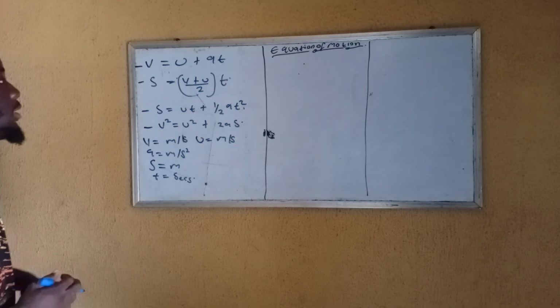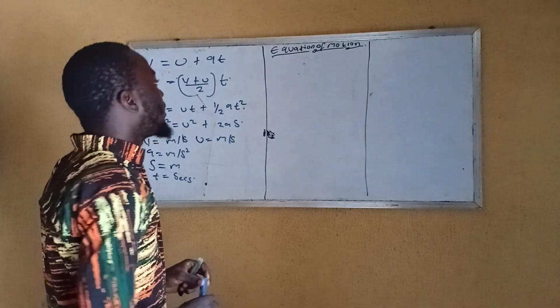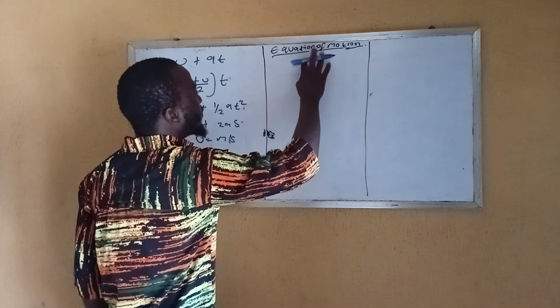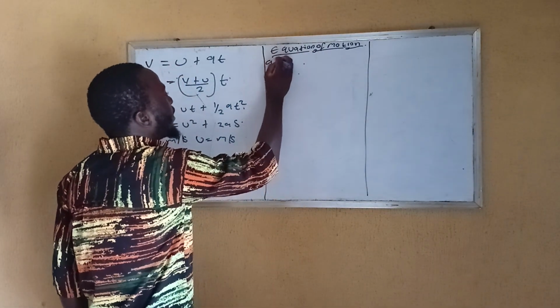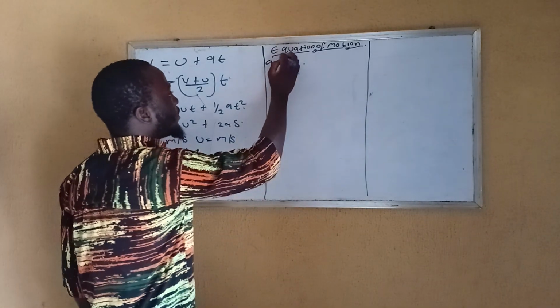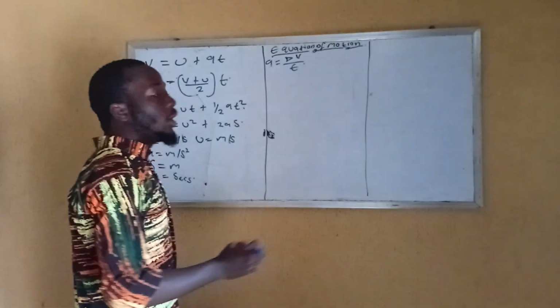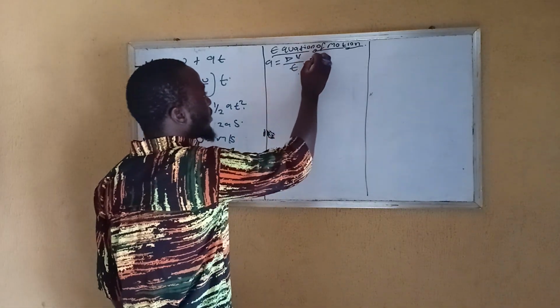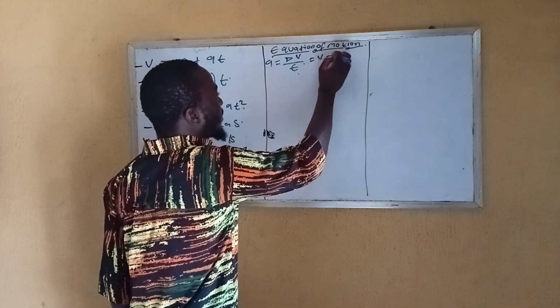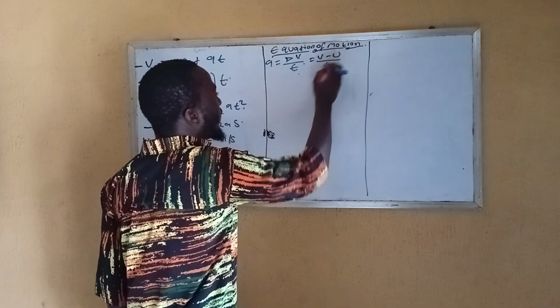How will they derive it? From our basics, we know that acceleration means change in velocity over time. What is change in velocity? Final velocity minus initial velocity, over time.